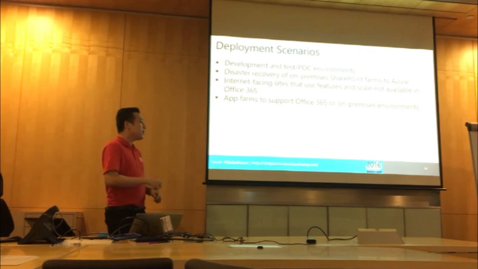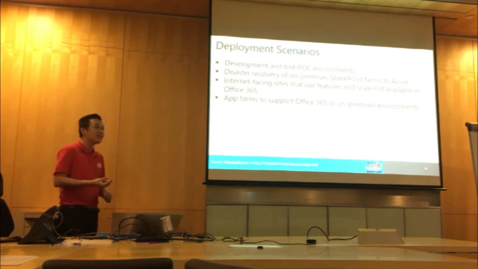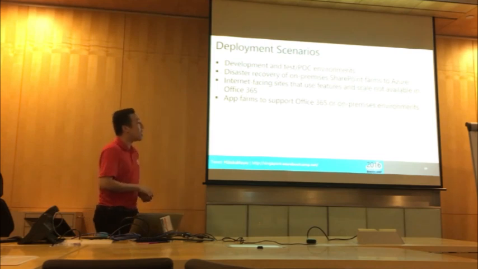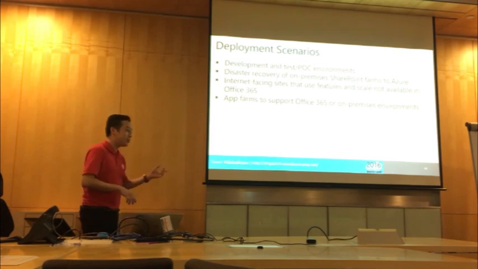The second option is Office 365. Previously, in the past, many organizations built the public-facing website under Office 365, right? But recently, Microsoft deprecated the publish feature in Office 365.